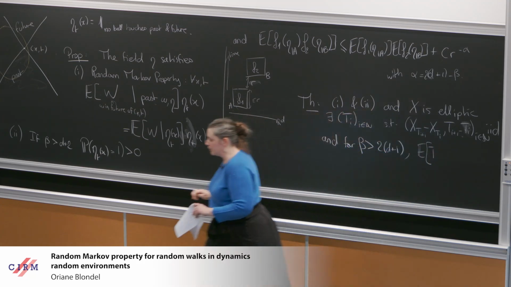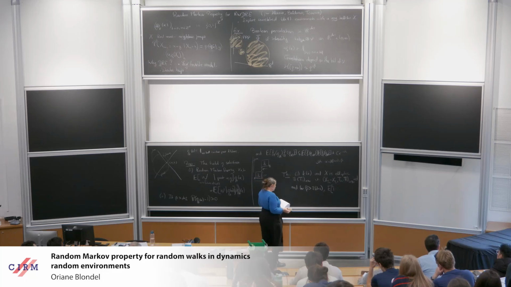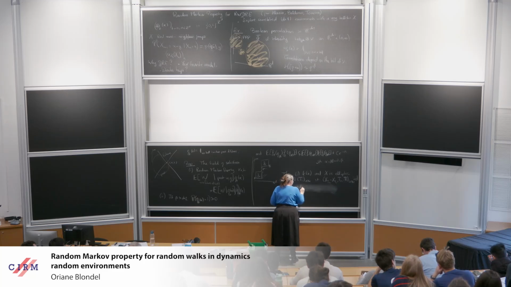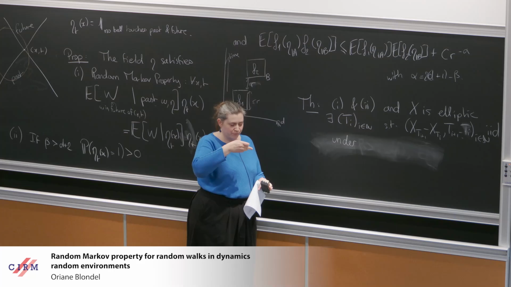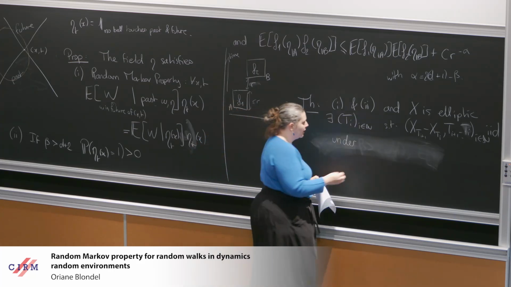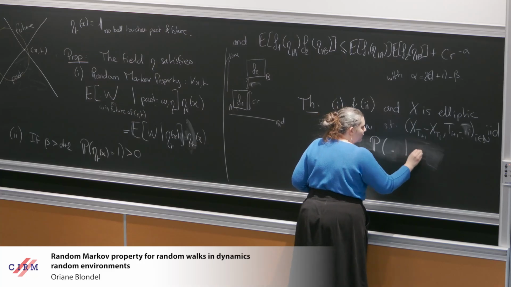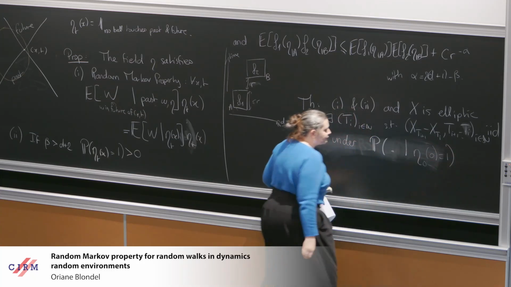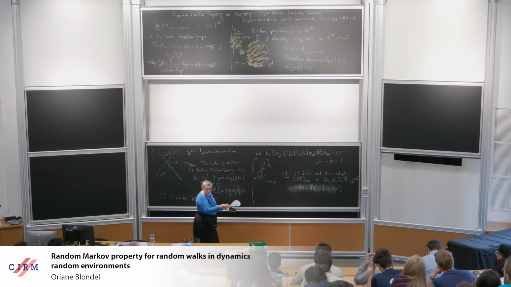Sorry, it's not IID per se, it's IID under the modified measure that you condition to have eta equal 1 at the origin. So under the probability conditioned on eta(0,0) equal 1.